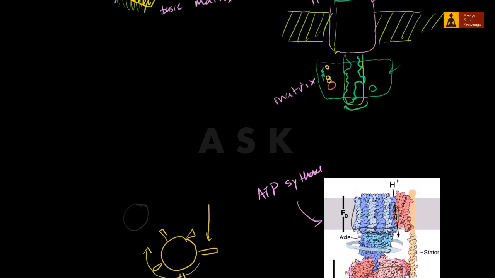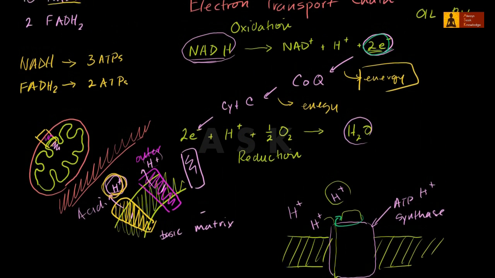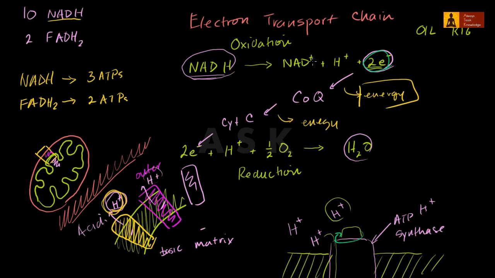But for your purposes, especially at an introductory biology level, you just have to realize that two things are happening in the electron transport chain. Electrons are moving from the NADHs and the FADH2s to eventually show up and reduce the oxygen. As they do that, they're releasing energy as they go from one molecule to another, to lower energy states.